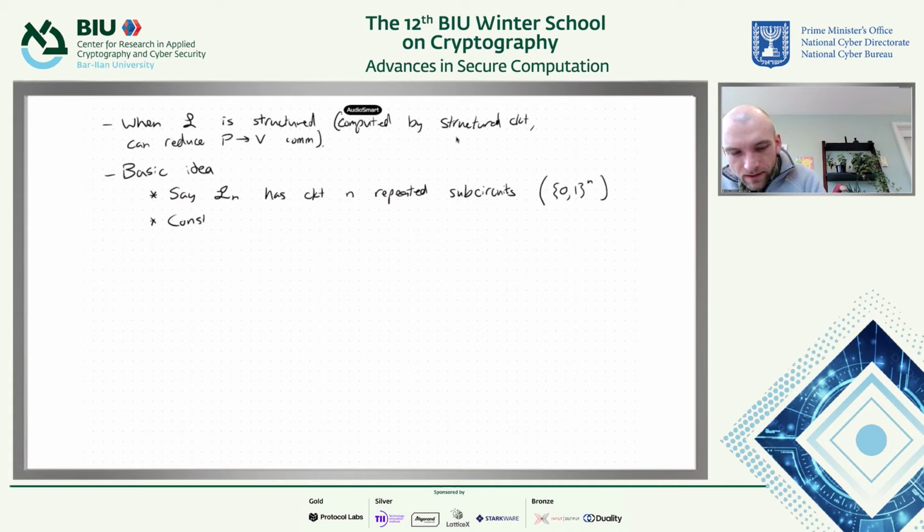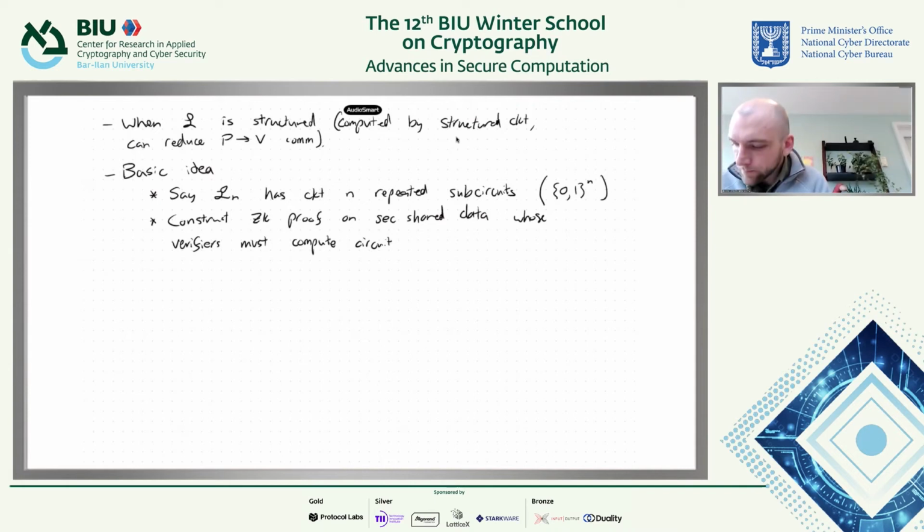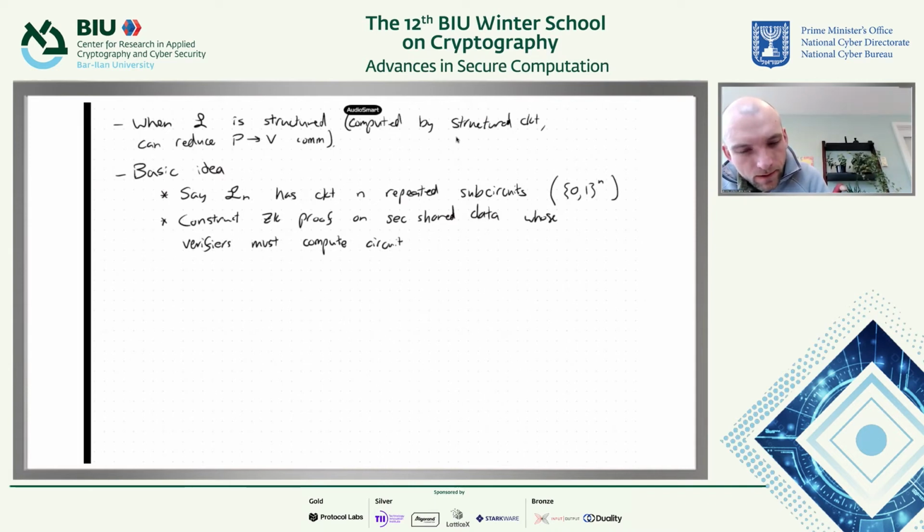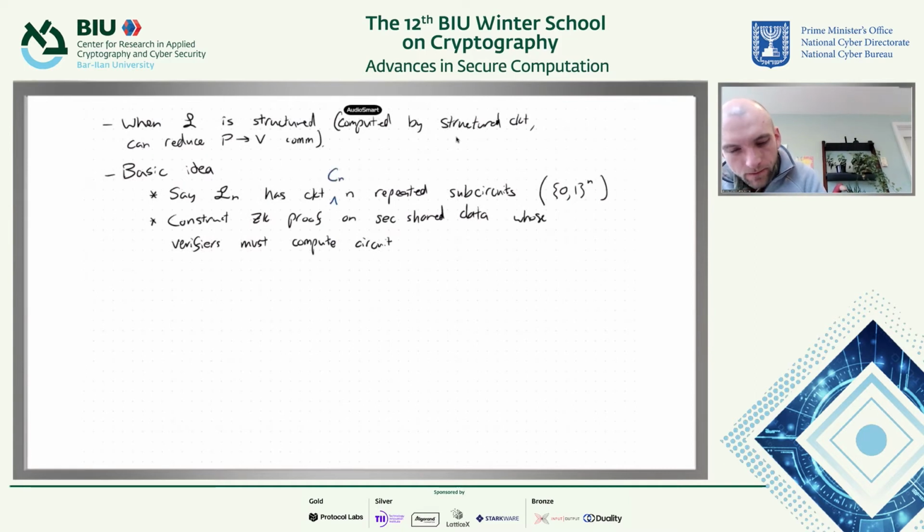So what we do is we construct a zero knowledge proof on secret shared data whose verifiers must compute a circuit, which I'll call C of n. They have to compute the circuit C of n over 2 to check the proof.